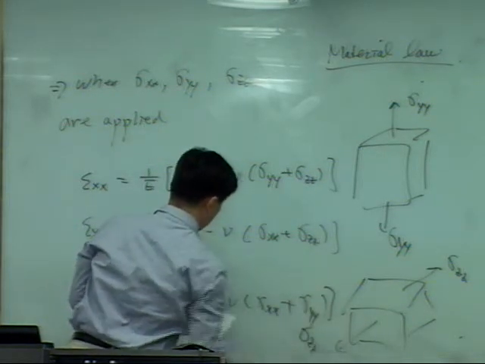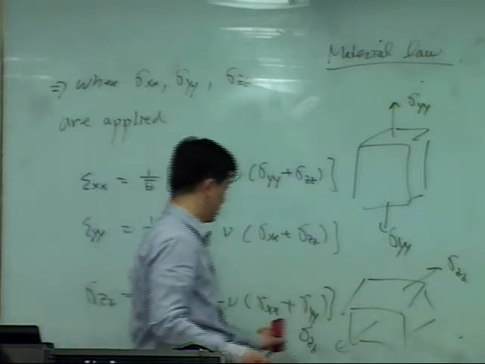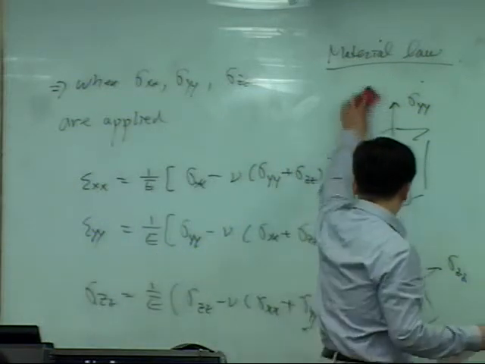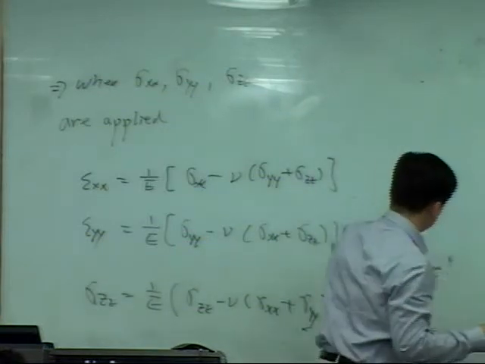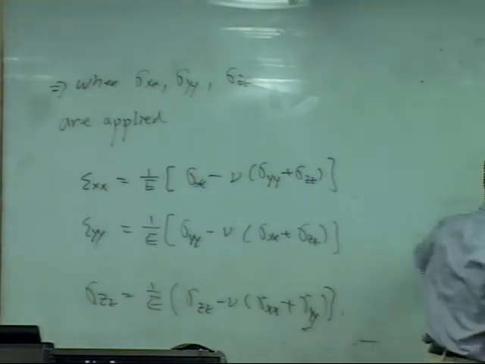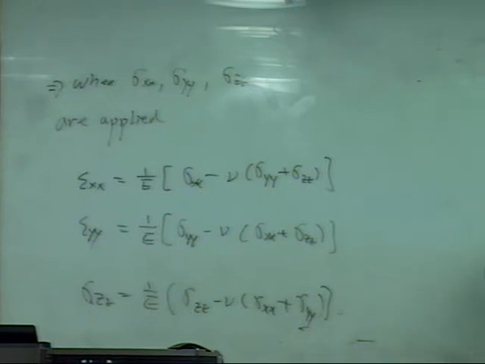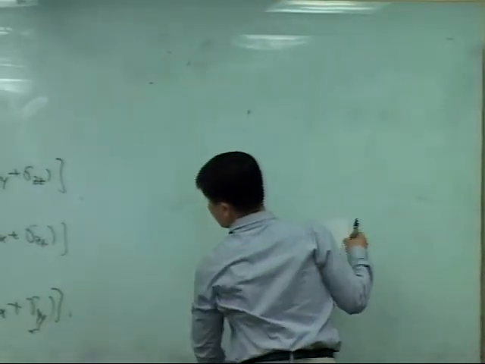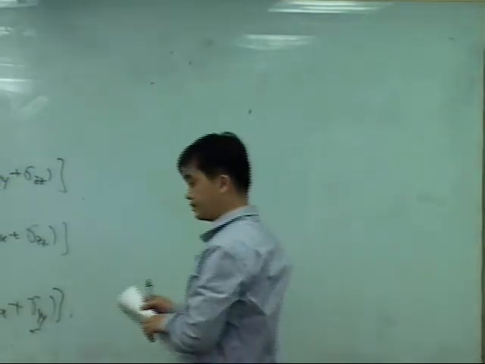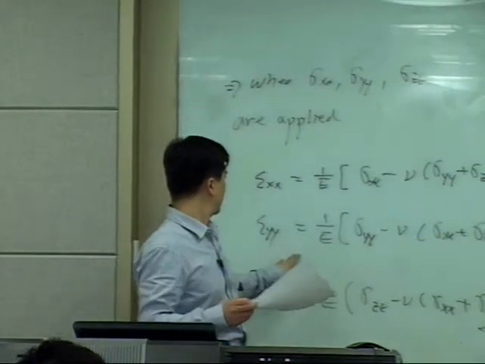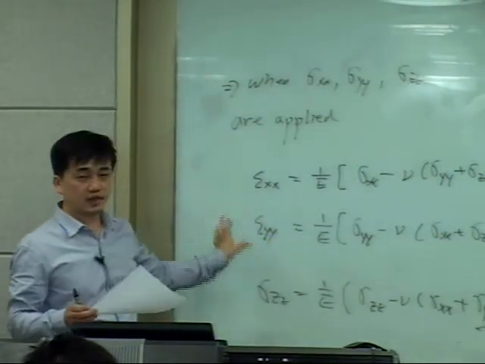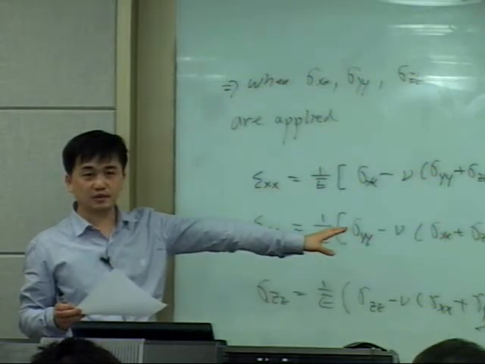Okay, so these 3 equations give us the relationship between normal strain and normal stress. So here on the left side we have a strain, on the right-hand side we have a stress.